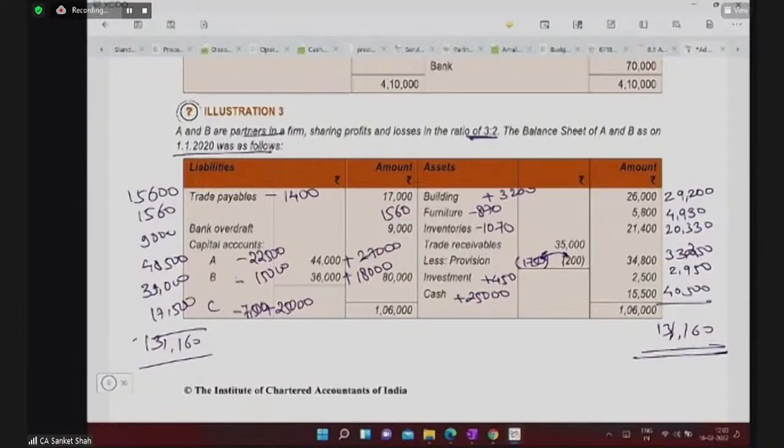What is the new adjustment in this? So this question belongs to hidden goodwill. Hidden goodwill. बेटा हिडन गुडविल आपने मिस कर दिया. चलो जल्दी से.